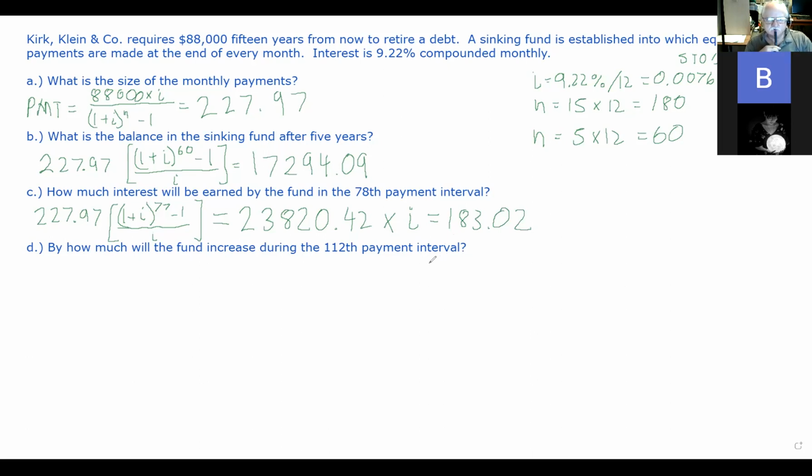And by how much will the fund increase during the 112th payment interval? We've got to do the same thing. We have to look at the 111th payment interval, then find the interest, and then we have to add that interest on, and that'll be how much the fund increases.